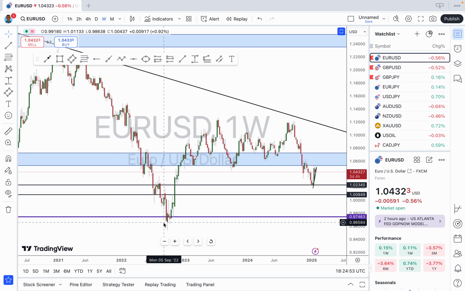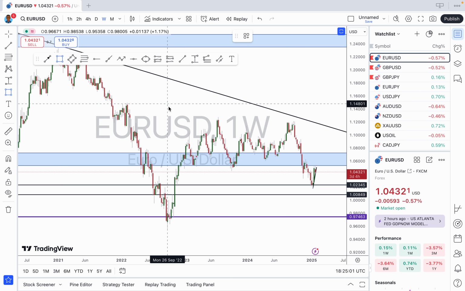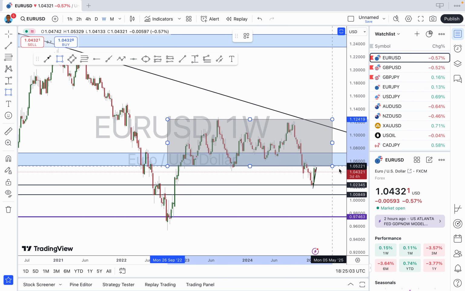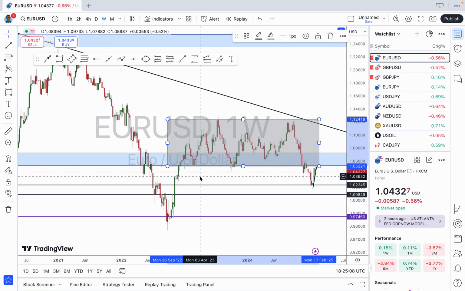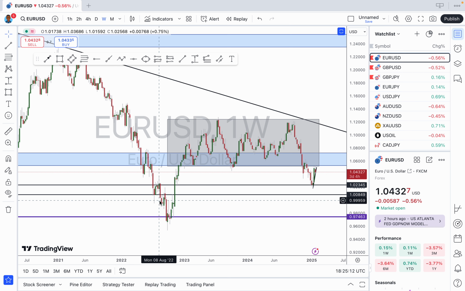And now we pushed back up and started ranging. This is a proper range here. If you map this out, this is a nice range, a nice exhaustion period from this impulse leg, right?